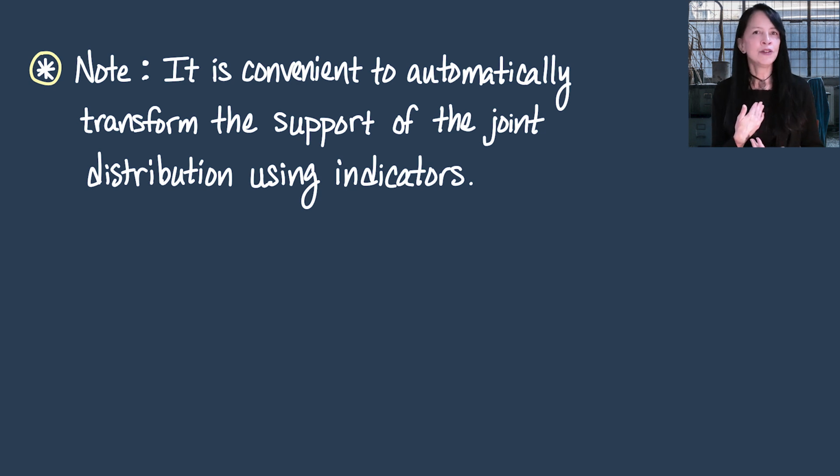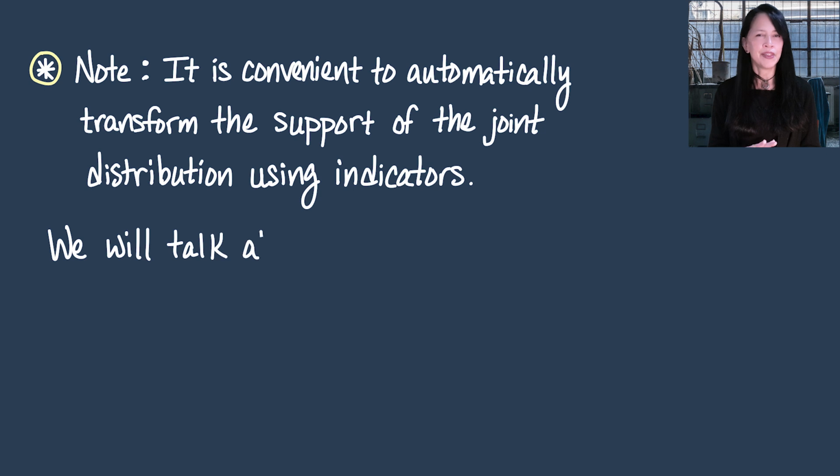So I don't tend to write my PDFs as some piecewise function and say it's zero otherwise. I tend to write them on one line with an indicator function that will zero it out in the right places. And for transformations, I think it's really convenient to use these indicator functions because you end up transforming the support automatically.